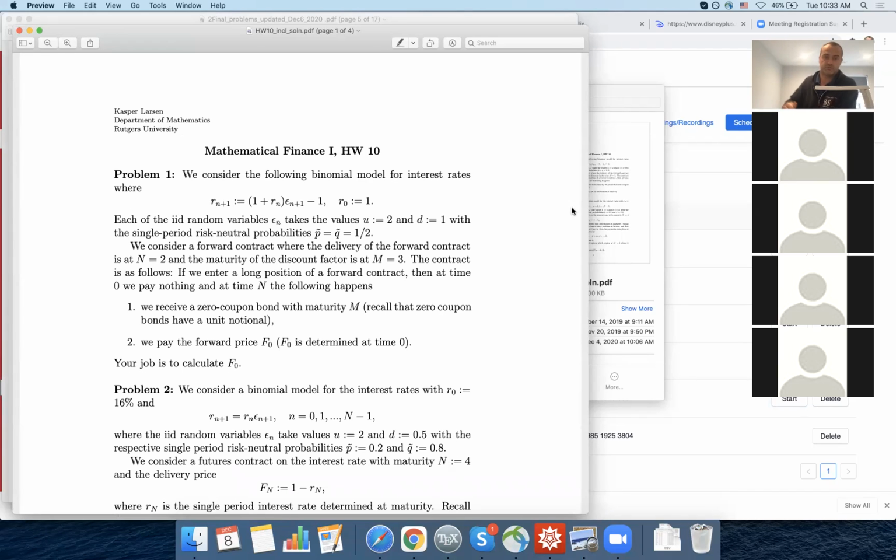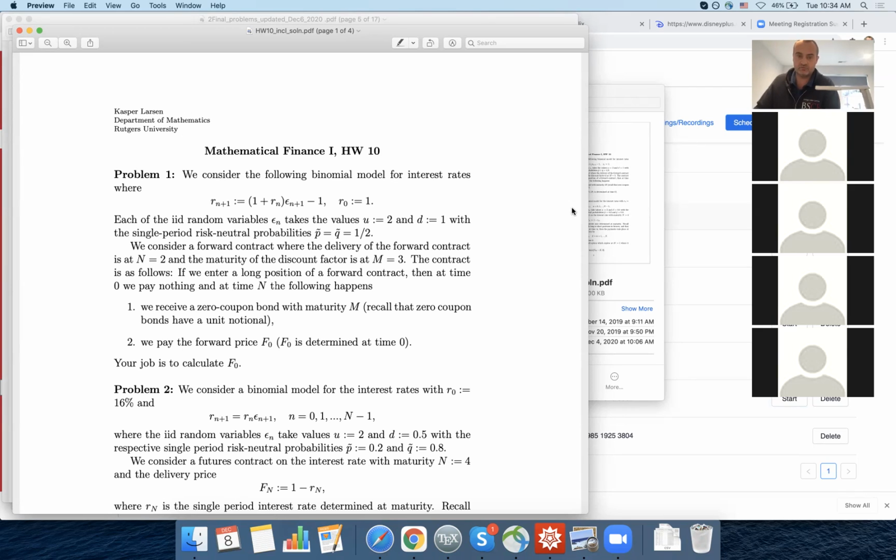Okay, let me see if I can help you. It says if we enter a forward contract, then we don't pay anything for it, and at time capital N, something happens. Right? We receive a zero coupon bond, and then we pay for it.